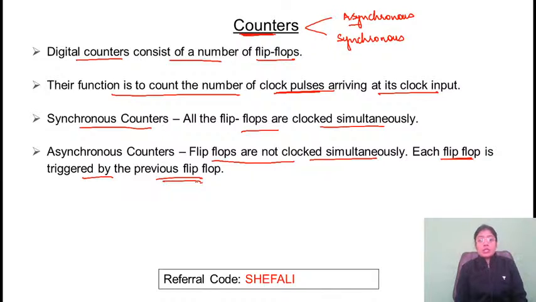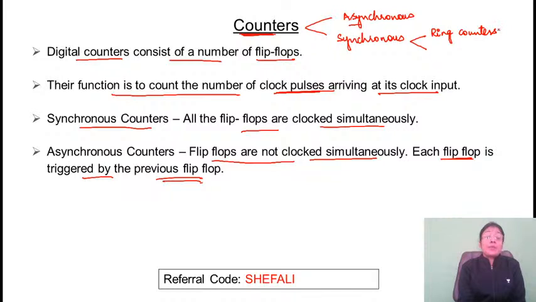We have special types of synchronous counters which are known as the ring counters. Okay, so in this we have to discuss special types of synchronous counters which are known as the ring counter, and ring counters are further categorized into two categories.